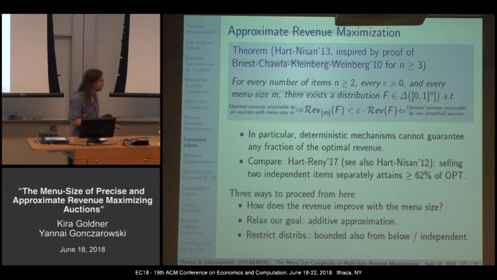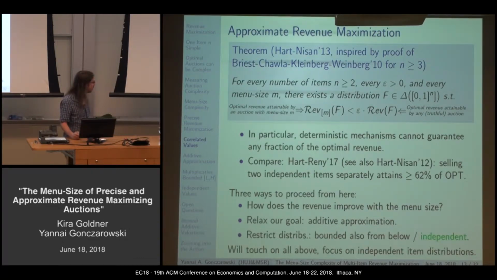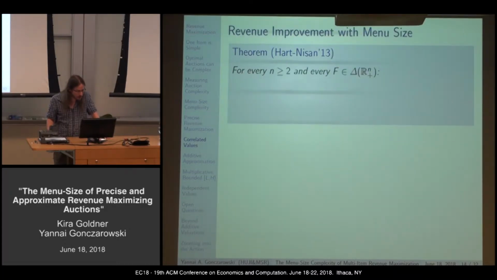Maybe someone in the audience would have ideas for other kinds of restrictions on distributions. It turns out that each of these will give us something nice. We'll touch on all of these in the next few slides, but really most of the talk is going to be about independent from one point on, because I'm going to try to motivate why we're going to spend a lot of time on independent.